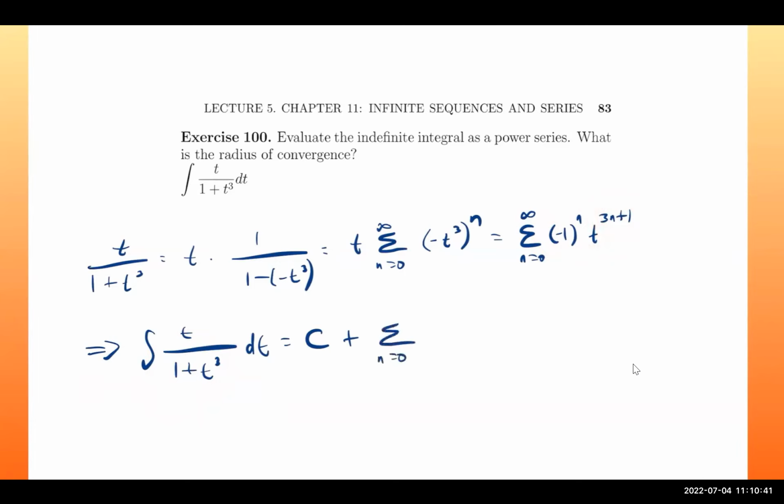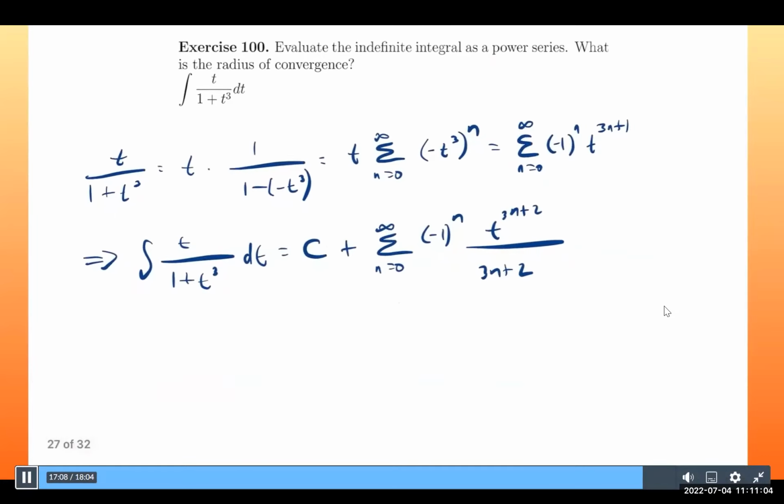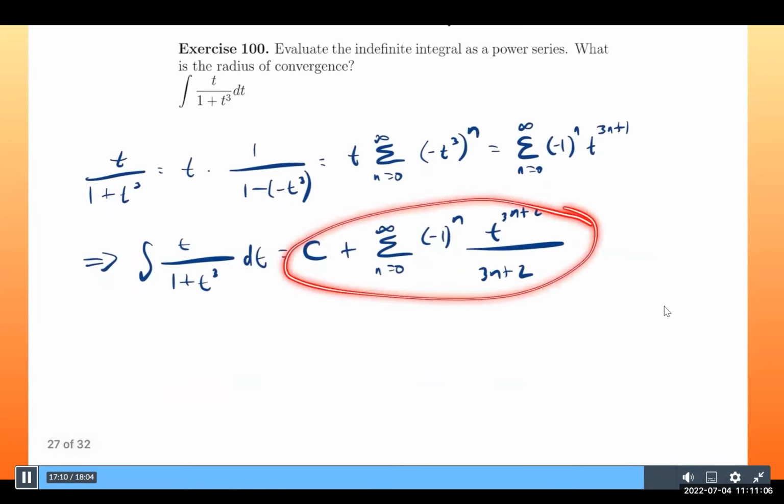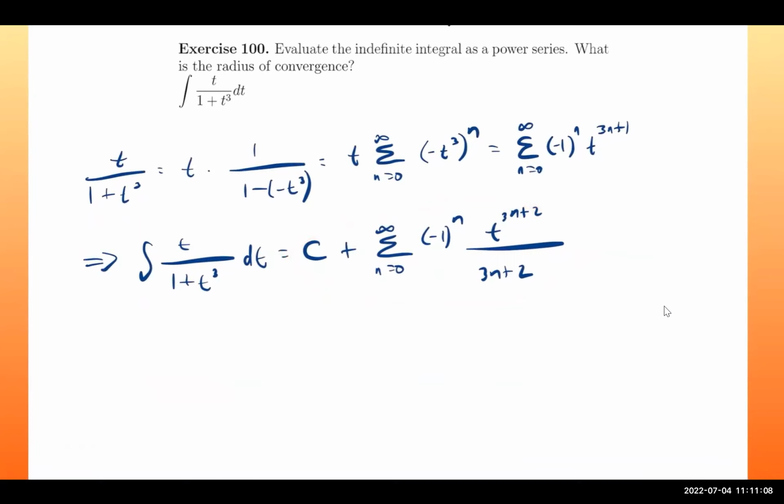So the constant doesn't change. The exponent, like we said, we add 1 to it, so it's going to be 3n plus 2. And then we divide by 3n plus 2. All right, so that is pretty much it. So we evaluated the integral, but we used power series instead of our techniques of integration. So this is it right here.